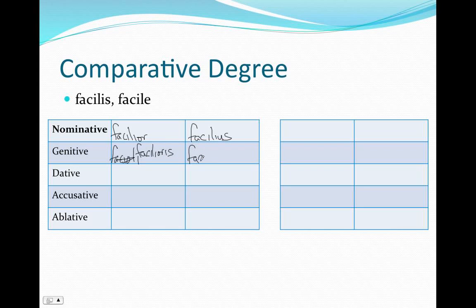And for the neuter, same thing, facilioris. Notice, the neuter nominative singular, facilius, only appears in the nominative and the accusative. We drop off this -ius after the other cases. So facilioris for the neuter. Dative, faciliori. Accusative, faciliorem.